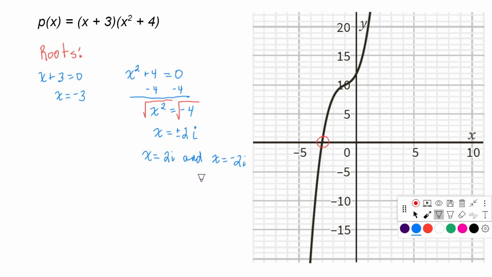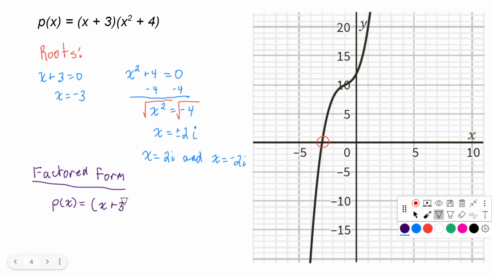Now, if you're wondering how I would write this in that complete factored form where I would be able to see all three roots, it would look something like this. We're going to have the x plus 3, like the original function had. But then I'm going to have two more factors.